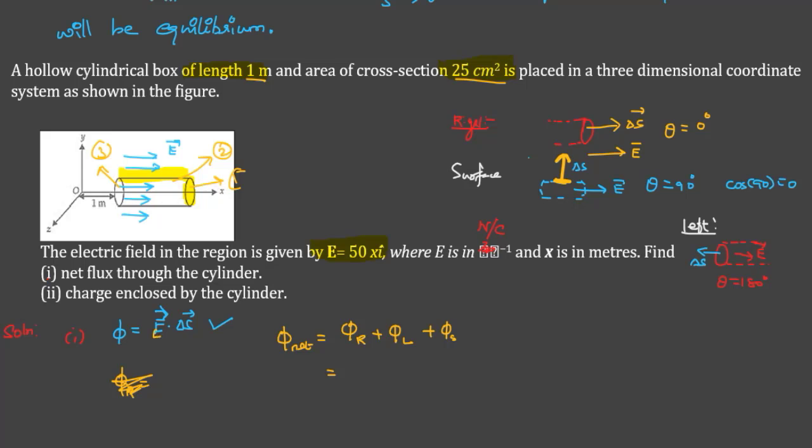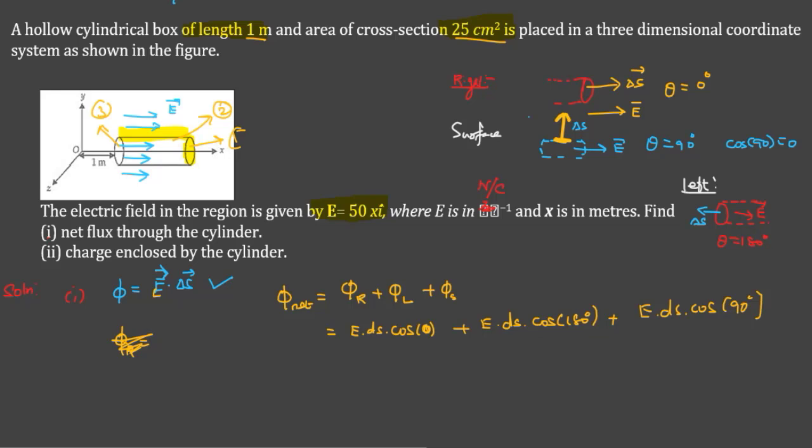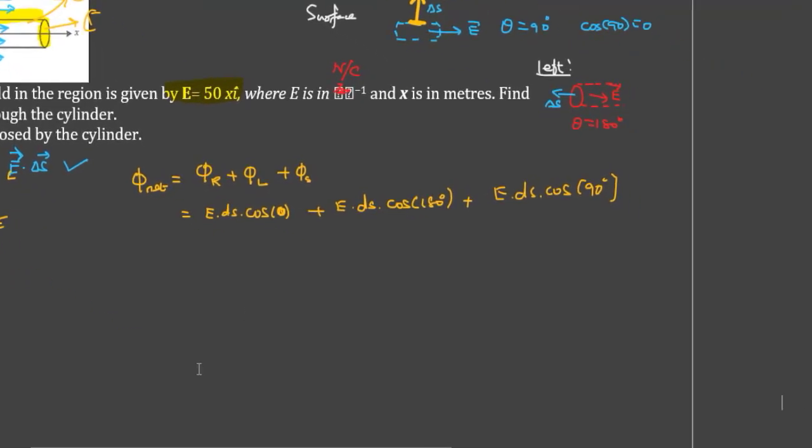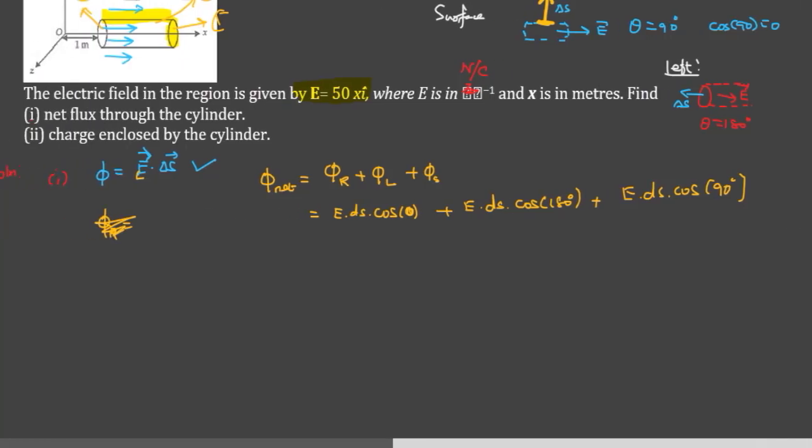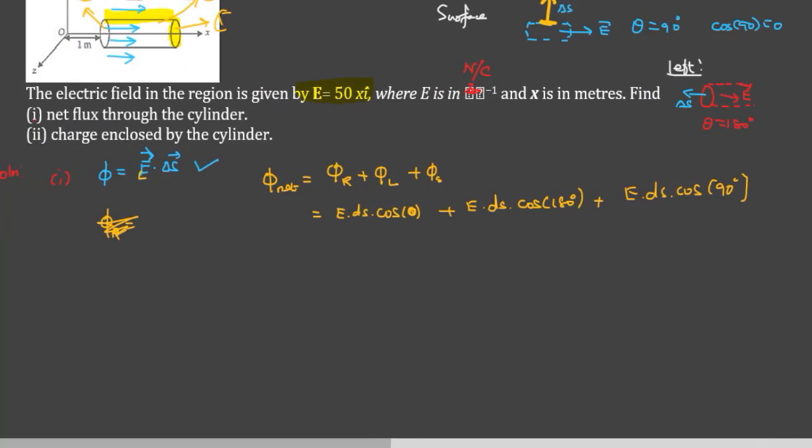First we will write E dS cos 0 degree, plus E dS cos 180, then E dS cos 90. Now we need to directly calculate. Based on the diagram only we have to observe. It is a very important one.